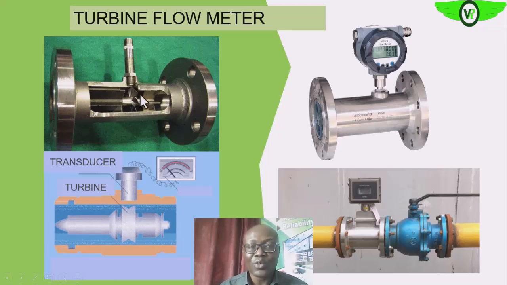The time it takes for us to generate those 10 pulses, assume it is 5 seconds. So we'll have 20 over 5, which will give us 4 liters per second. That will now be the flow rate through that section of the turbine.